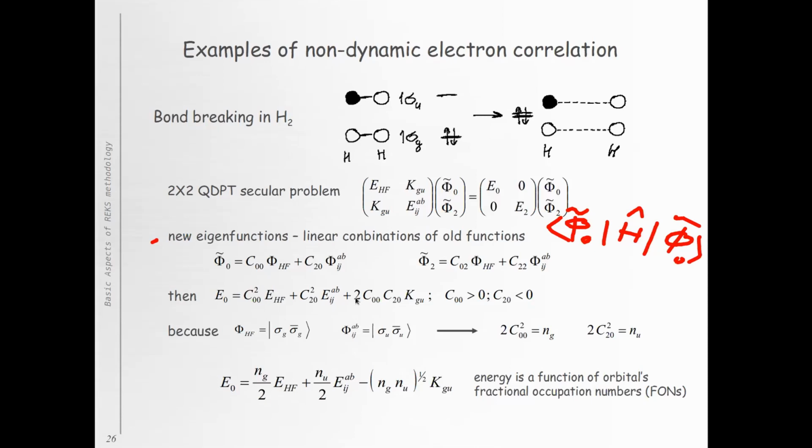If we realize that each one of them can be represented as a square root, we will end up with this expression. I mean, that square root of n_g is square root of 2 times C0, and square root of n_u is square root of 2 times C2.